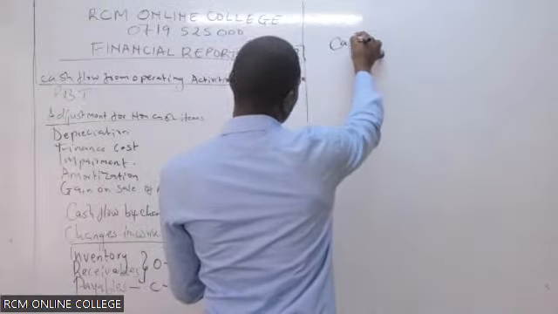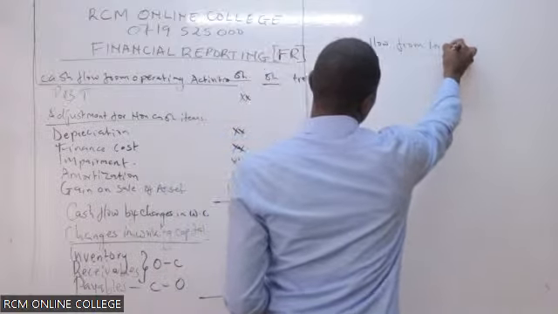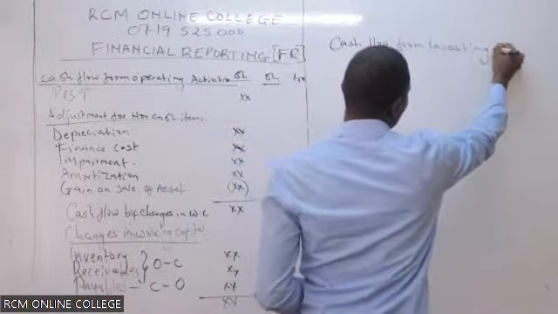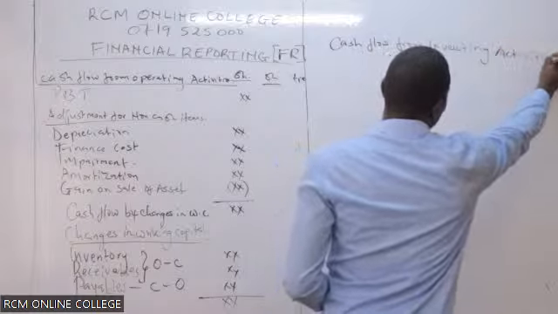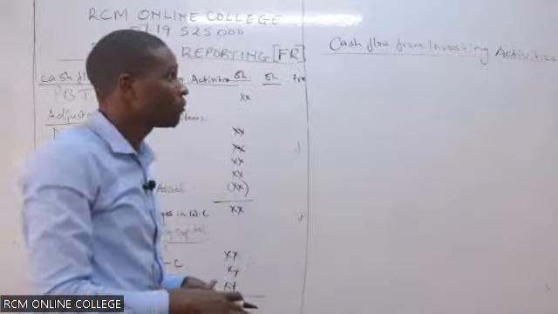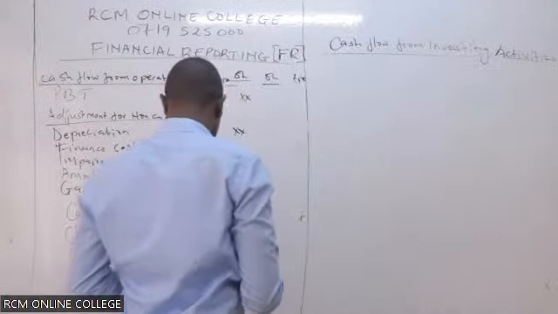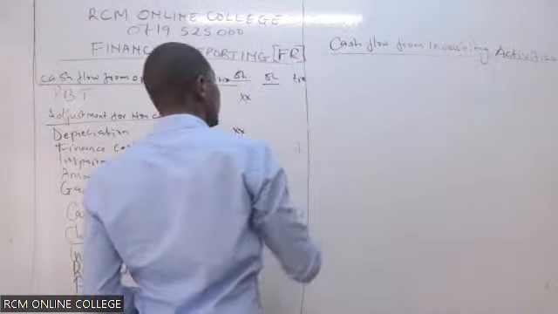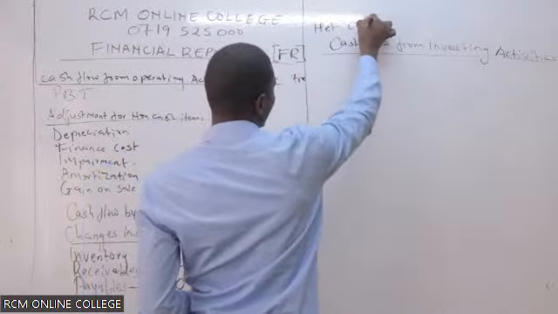So the second one is cash flow from investing activities. Still 2 columns. You are proceeding with this one, but remember at the end here we have net cash flow from operating activity.